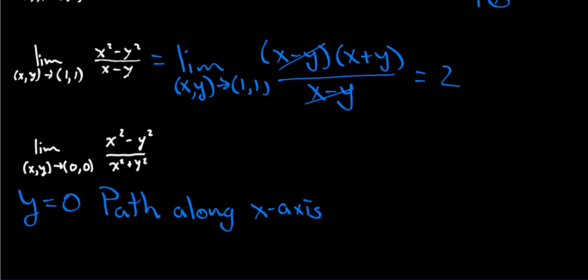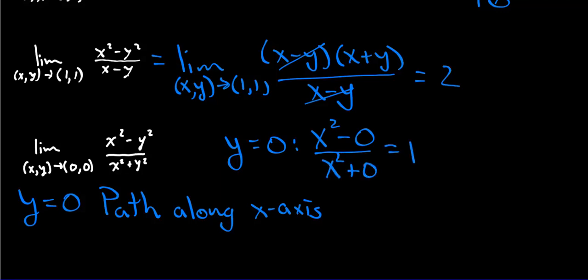We have x squared minus 0, and then down here, we have x squared plus 0. Well, that's just 1. So when we go along the x-axis, we get a limit of 1.